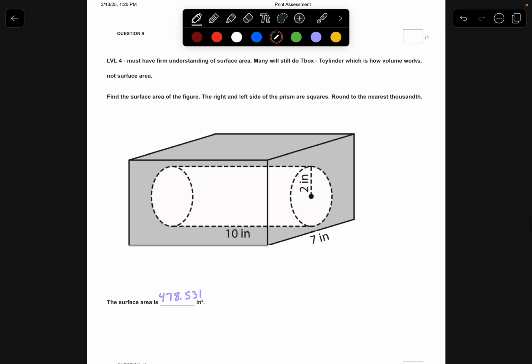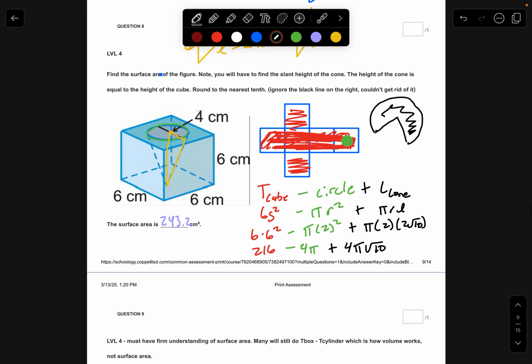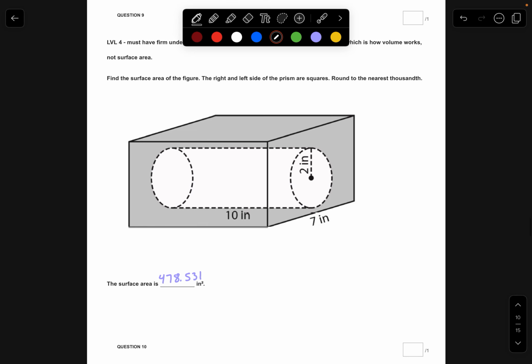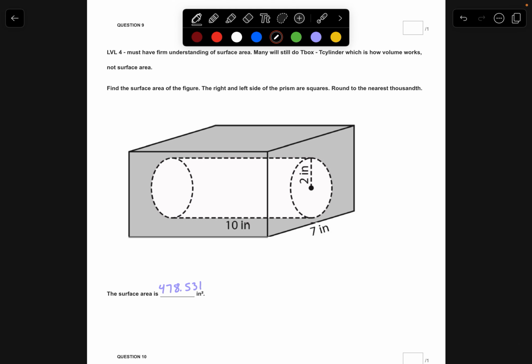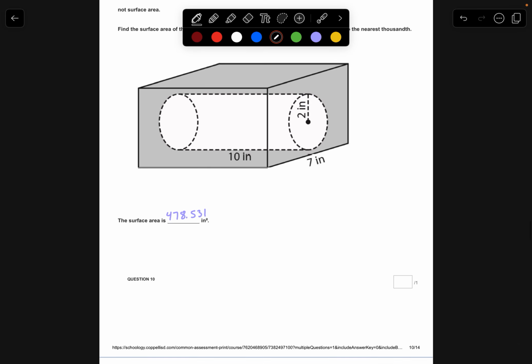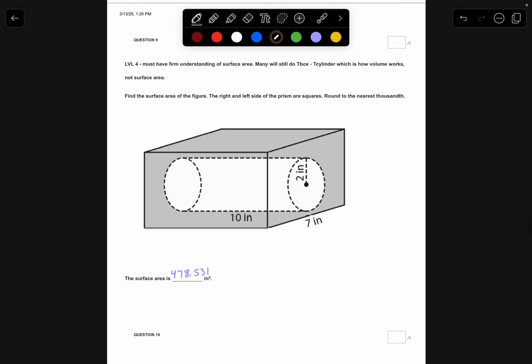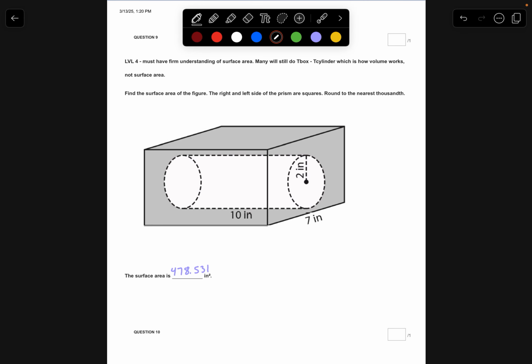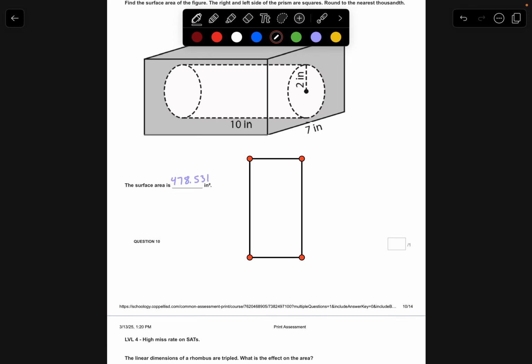All right, another cutout. These are tough. So here we had a cone cut out of a cube. Here we have a cylinder cut out of a box. I'm going to do the same stuff I did last time. Maybe it helps it make sense, maybe not. I'm not sure. But I'm going to draw the net of the box. So we got this lateral surface. I'll make it a little bit longer.